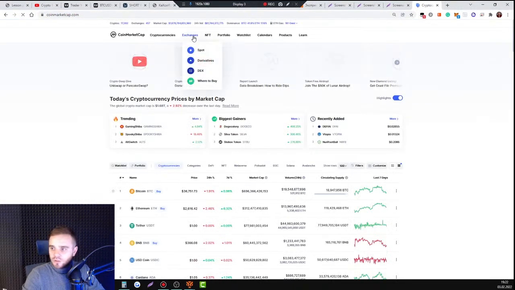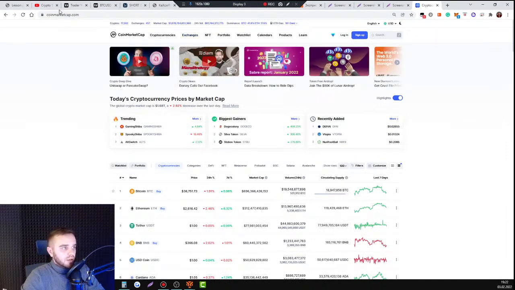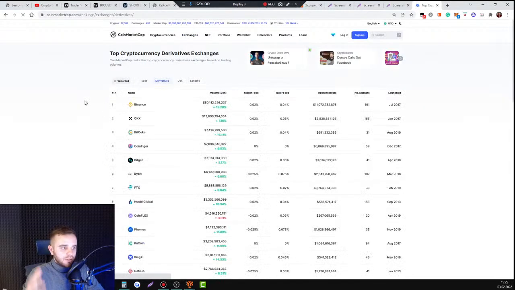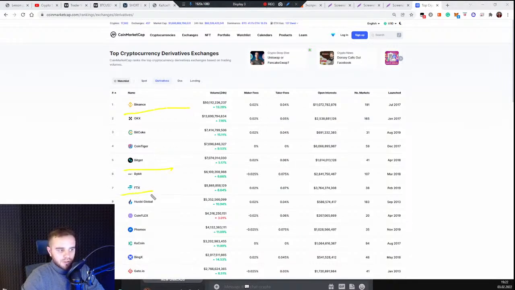On Binance, let's do an example for you. The best place where you can do it, you go to CoinMarketCap, you open exchanges and you open derivatives. Derivatives are futures, a place where you can take all of this. And here it shows you the exchanges that you trade. For example, I trade Binance, I also use Bybit and FTX.